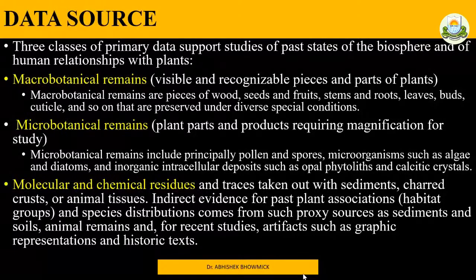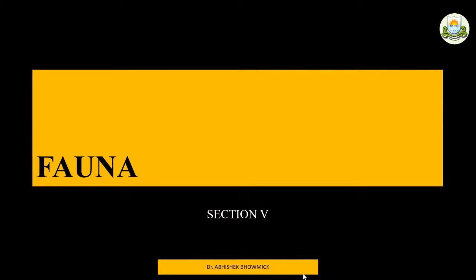If we consider cave paintings and find these kinds of remains, we can understand what types of plants were present. So this is also a very important source for understanding the vegetation.